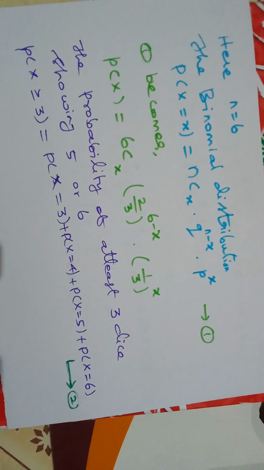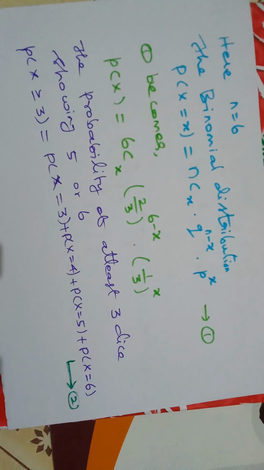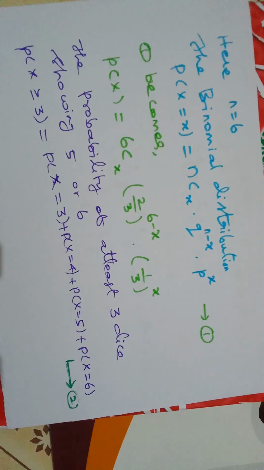here the number of dice is 6. Okay, the binomial distribution says P of x equal to nCx q power n minus x p power x. P always represents the success, Q represents the failure of the given distribution, isn't it?